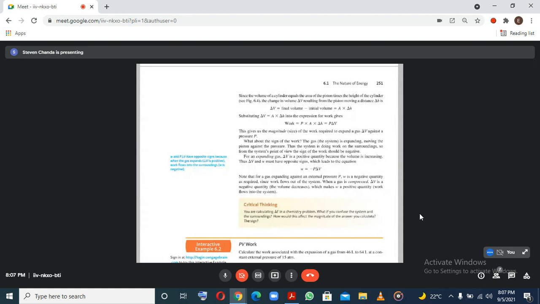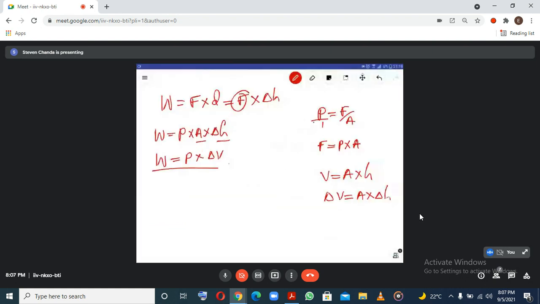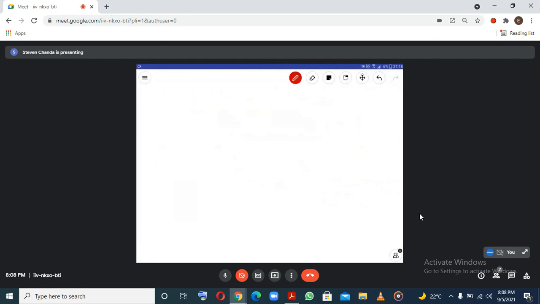So what you're going to do there is to say work is minus pressure times the change in volume. They've told us that there is constant pressure of 15 atmosphere.